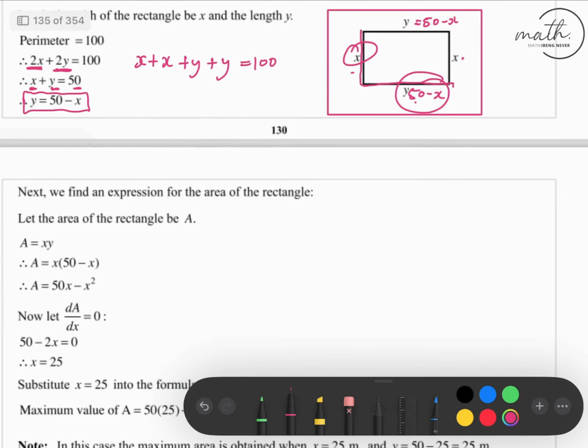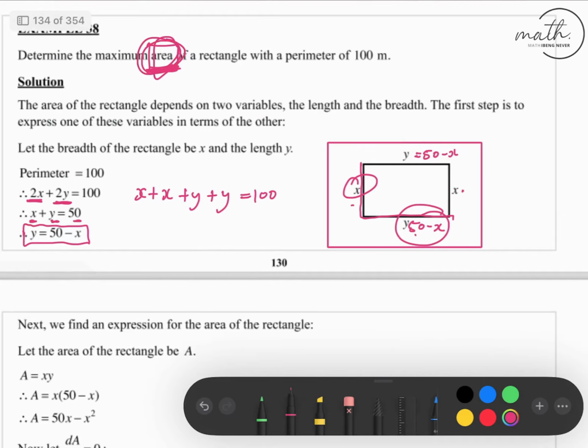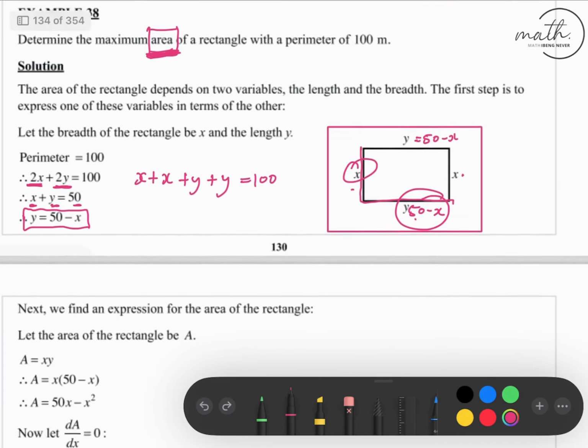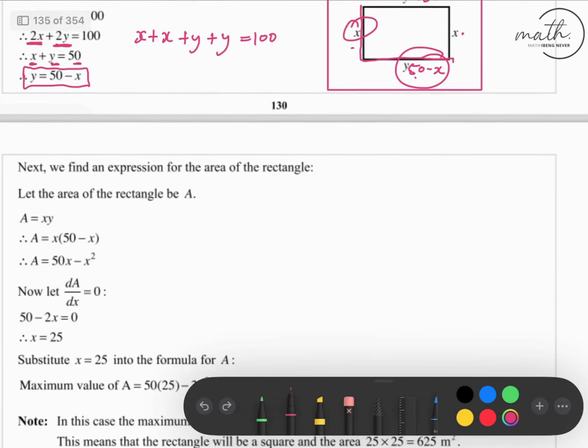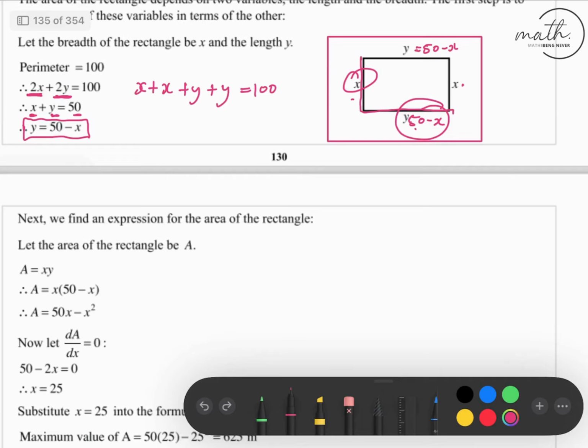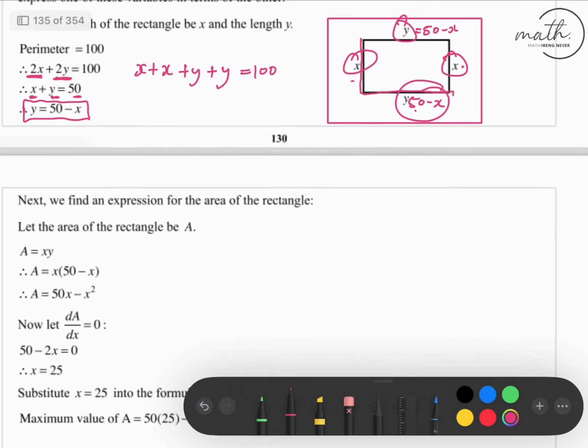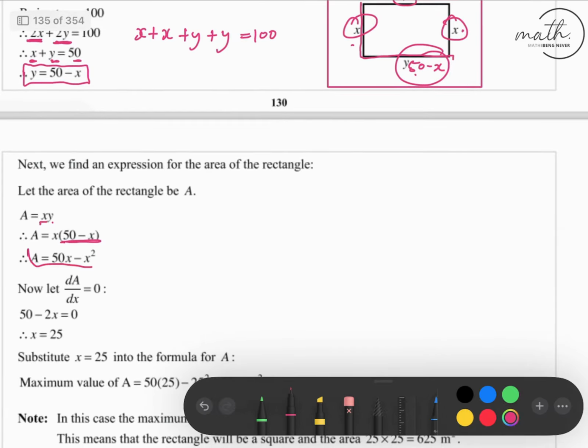When you find the area, remember the question said the area, not the perimeter. The perimeter was only helping us to find the other variable. So the area will be x times y, this side times this side. But we know y is 50 minus x. So x times y, but the y is 50 minus x. Multiplying, you get that the area is that.